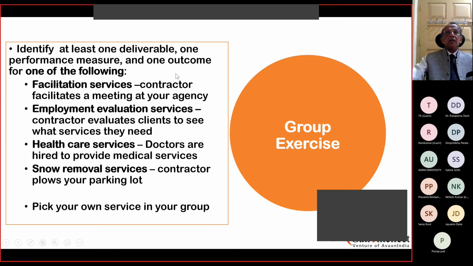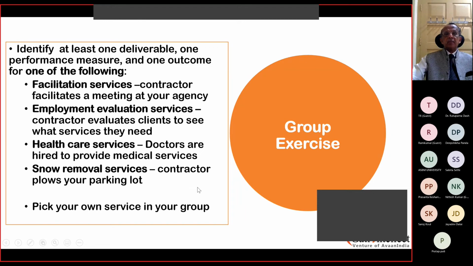Performance measure: removing the snow is a performance, correct? And what is the outcome? The contractor is obliged to clear the parking lot without any ice so that people can take vehicles in and out. So the snow removal service meets all these criteria because there is one deliverable which is evident, one performance and one outcome.